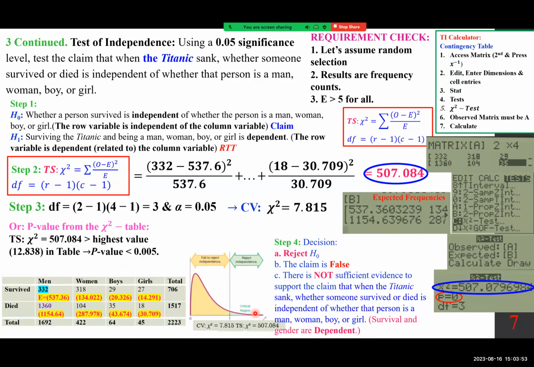The area to the right of this number is almost nothing. And so the p-value is 0, which is less than alpha, which was 0.05. So same result, reject H0.